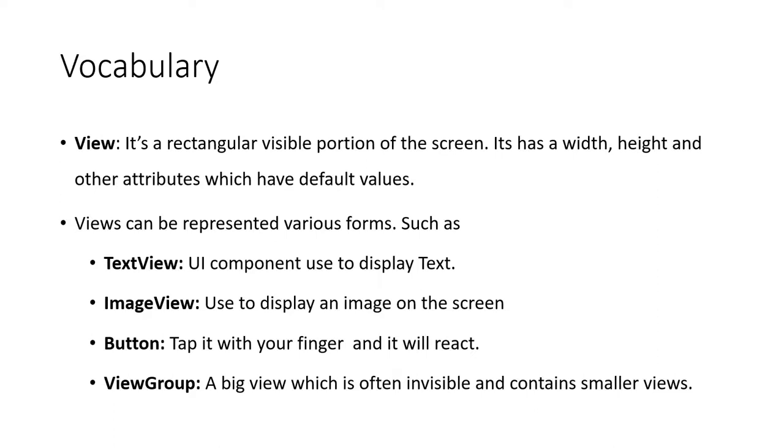A view can be represented in various forms, such as the text view, used to display a text, image view, used to display an image on the screen, a button, used to capture a tap event on the screen, and a view group, which is a big view, often invisible, and contains smaller views such as text views, image view, and button.